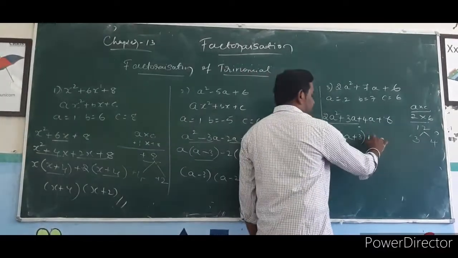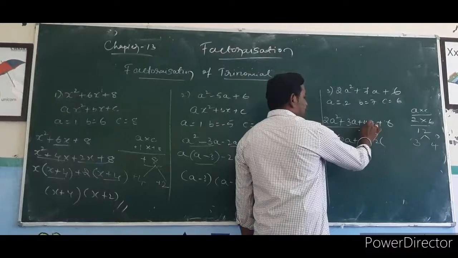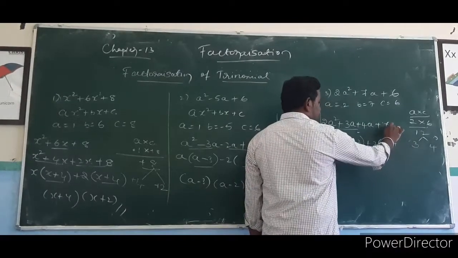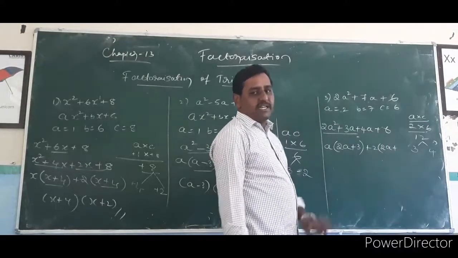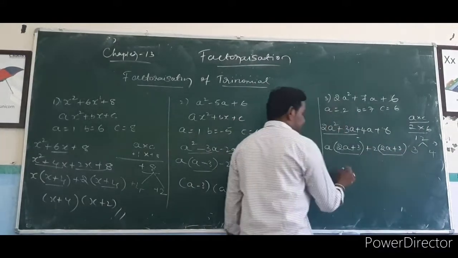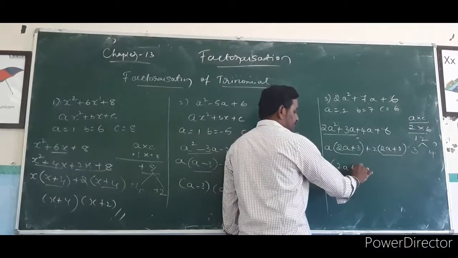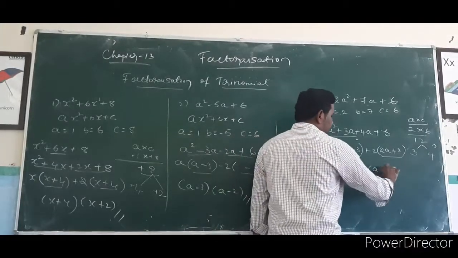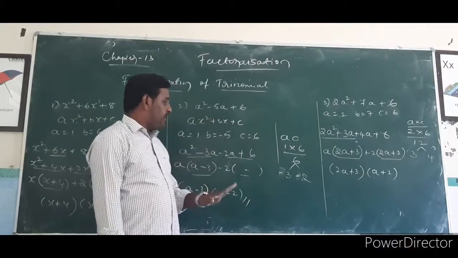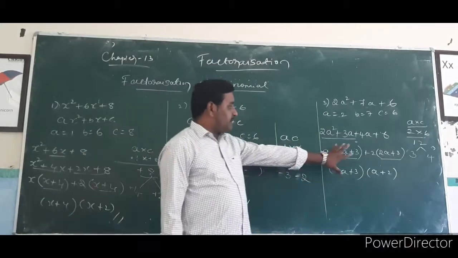That's why I am taking plus 2 as common factor outside. 6 divided by 2 is 3. So 2a plus 3 is the common factor, and a plus 2 is the remaining factor. That's all.